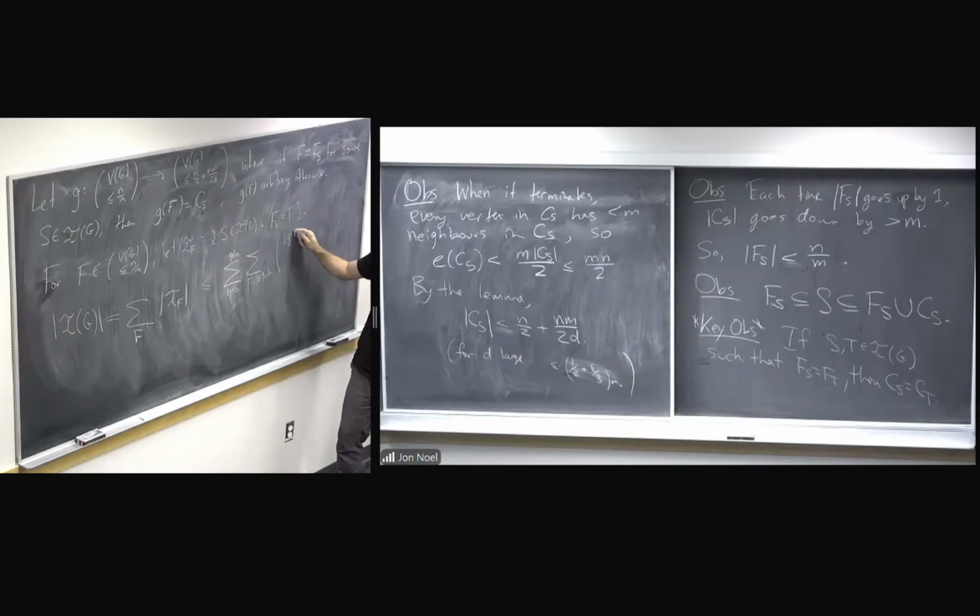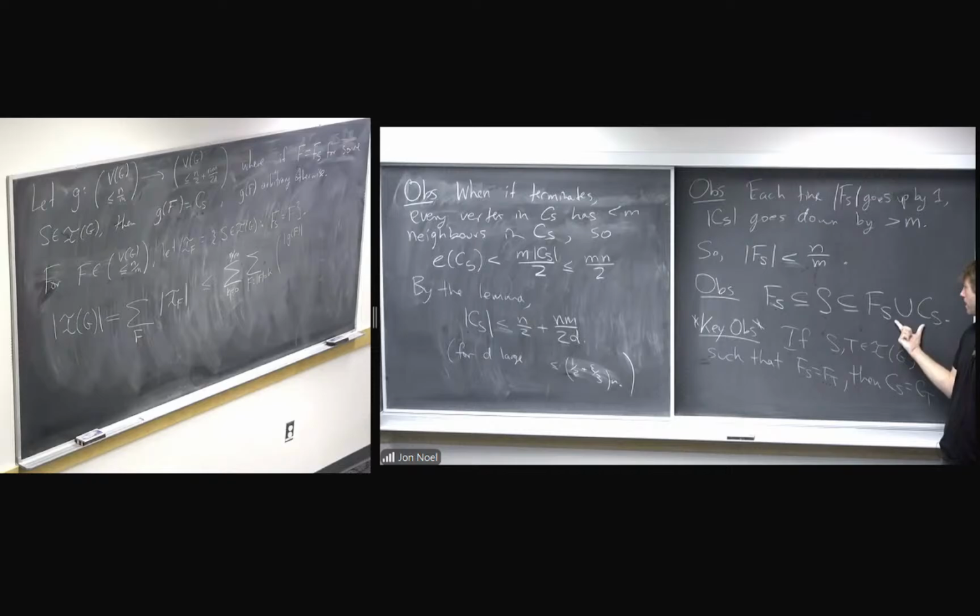So by this observation, basically to pick a set S that has a certain fingerprint, it's the same as just choosing a subset of the container minus that or something, right?